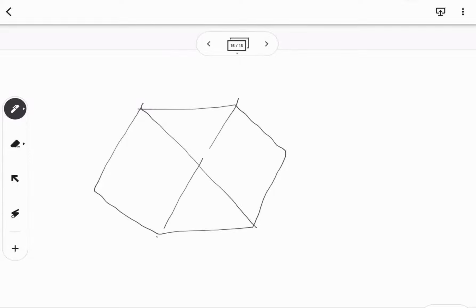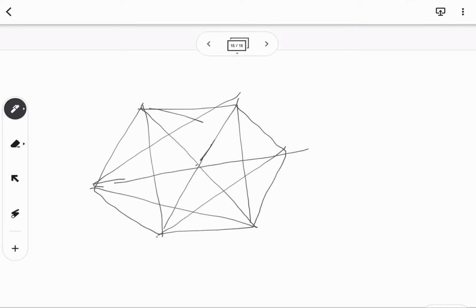that if you draw in all the diagonals of this polygon, you have a lot of regions, right? So we have 12 diagonals total and 6 sides, and that means that we have a lot of regions.